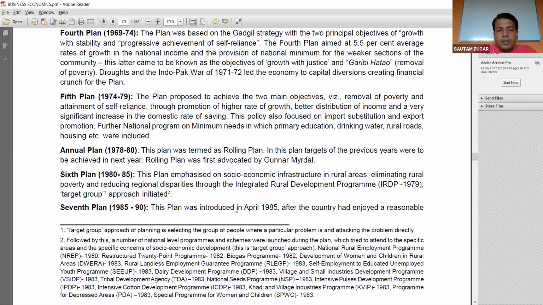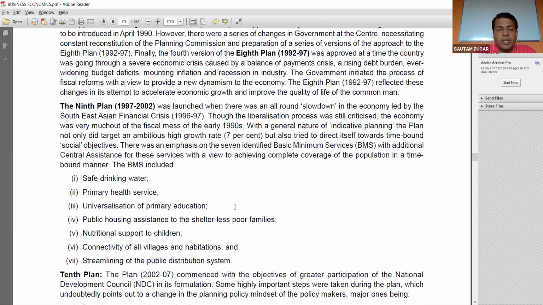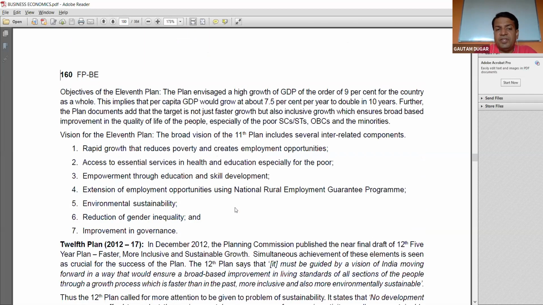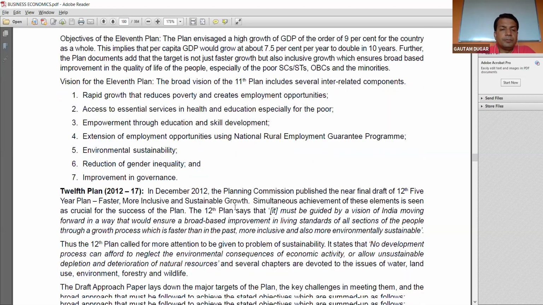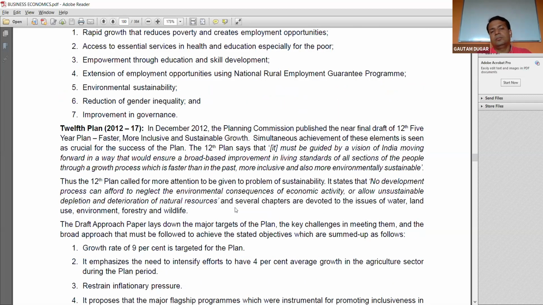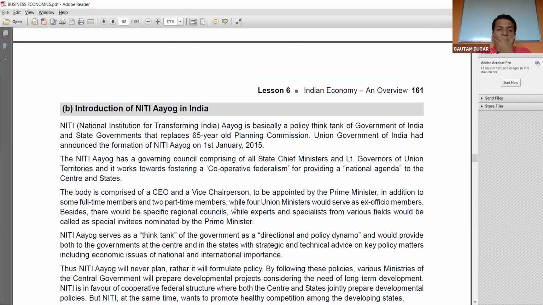The last plan was the 12th plan. After that, the Planning Commission was scrapped and Niti Aayog, as we discussed, was brought into limelight. Niti Aayog was established on 1st January 2015.